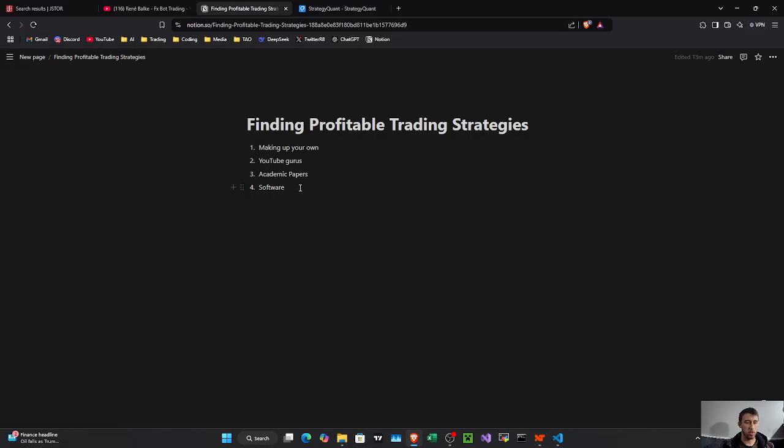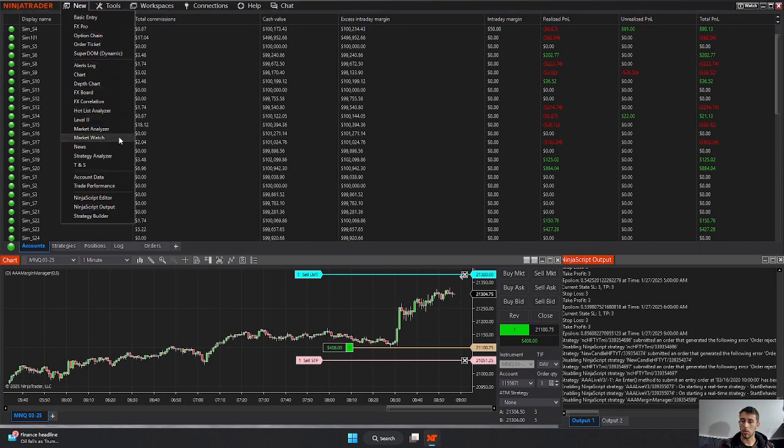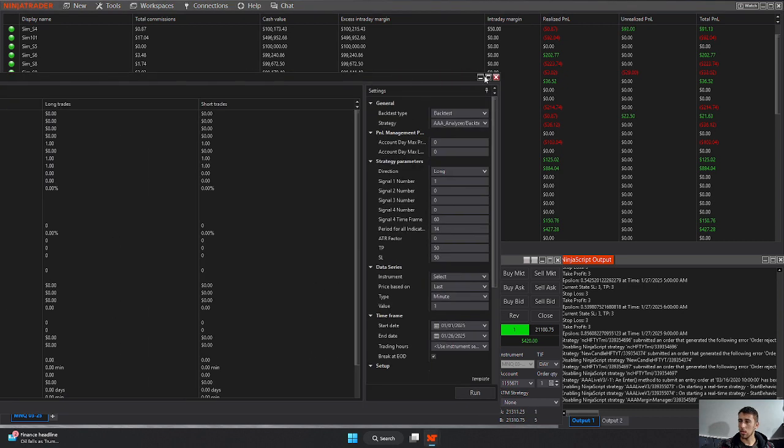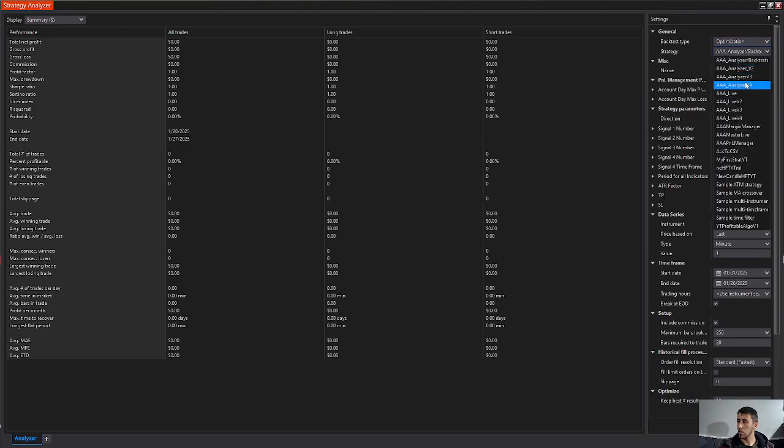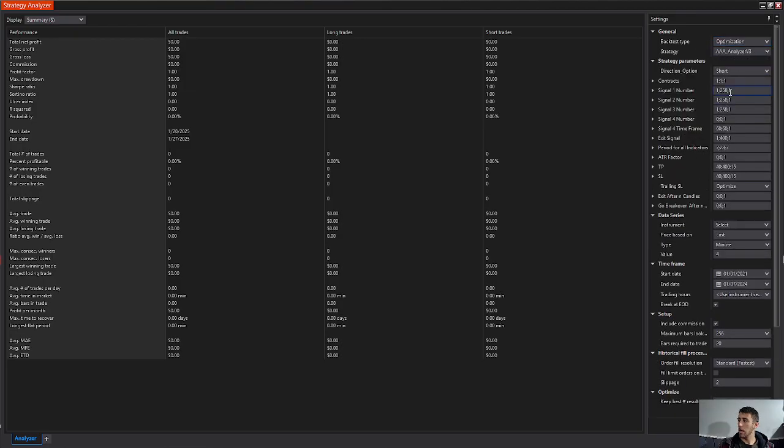The thing about the software, I can show you how it works real quick, is, well, mine's only built in NinjaScript, but what you do is optimization, come to the analyzer, and basically what it's doing is it's going to test every single combination.